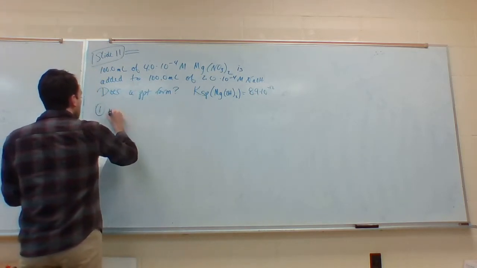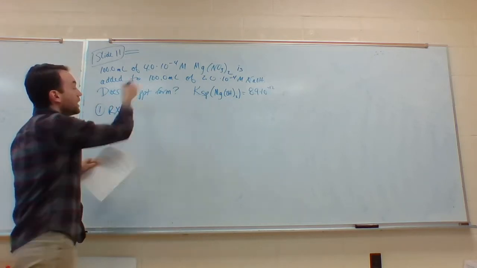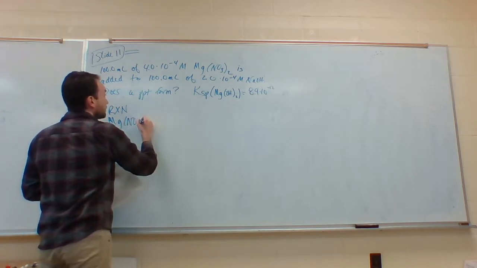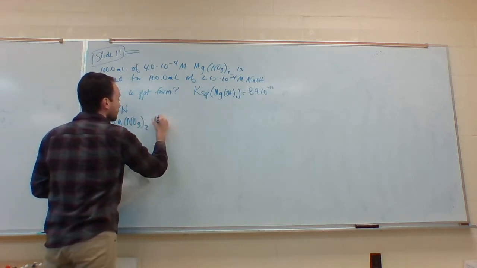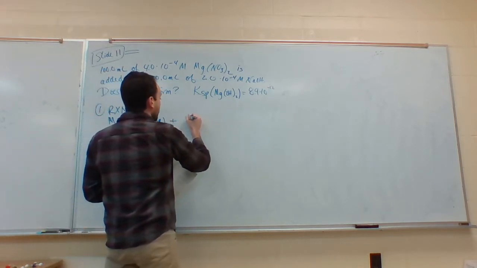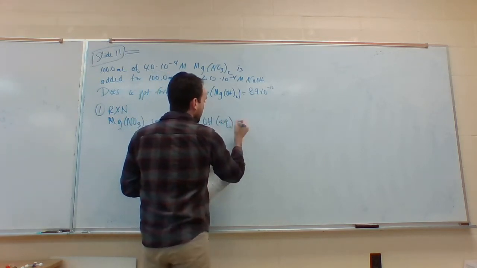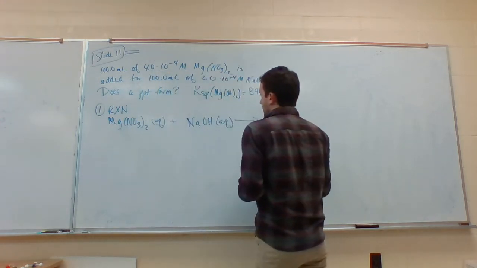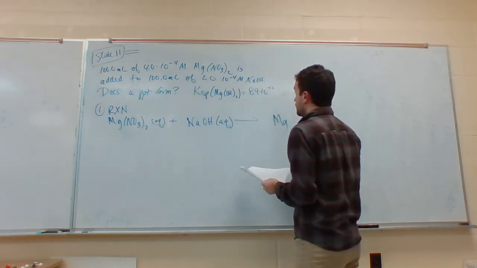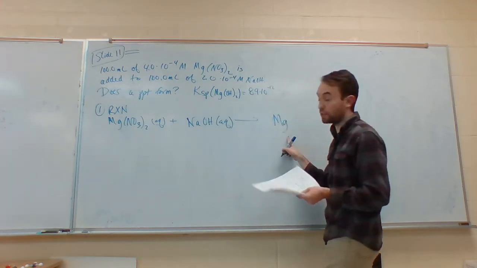The first one is going to be write down your reactions. Now your reaction for this process will be to take magnesium nitrate, we will add that to sodium hydroxide, and we will form, based on our solubility rules, we know that magnesium hydroxide will crash out, because it's not going to be soluble.